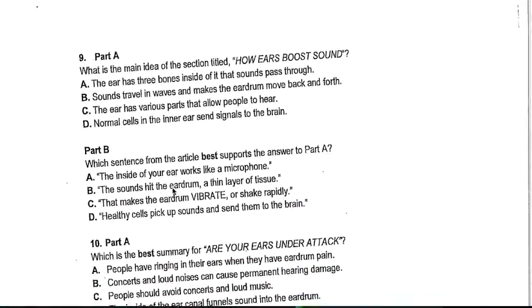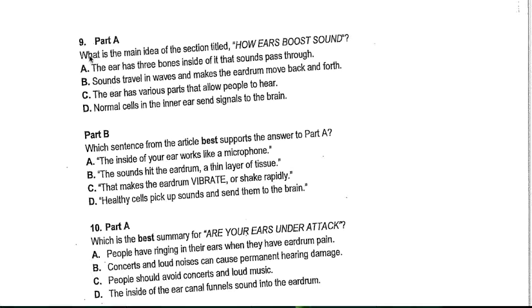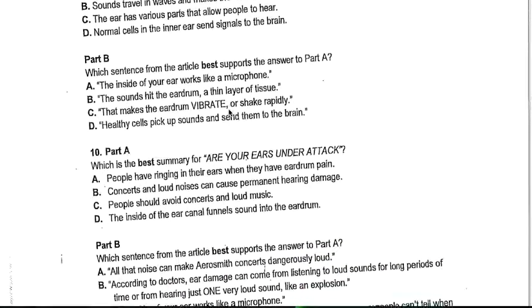Next page, Part A. What is the main idea of the section titled How Ears Boost Sounds? A. The ear has three bones inside of it that sounds pass through. B. Sounds travel in waves and make the eardrum move back and forth. C. The ear has various parts that allow people to hear. D. Normal cells in the ear send signals to the brain.